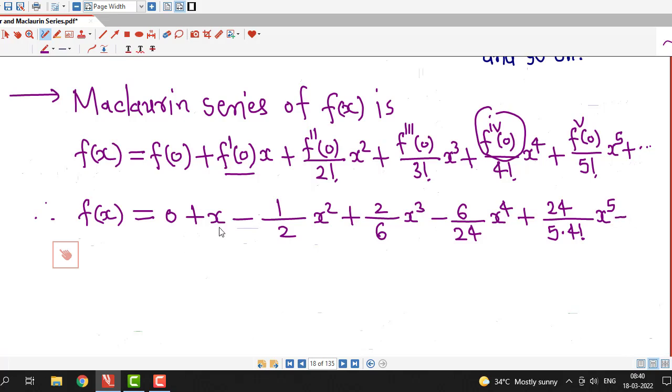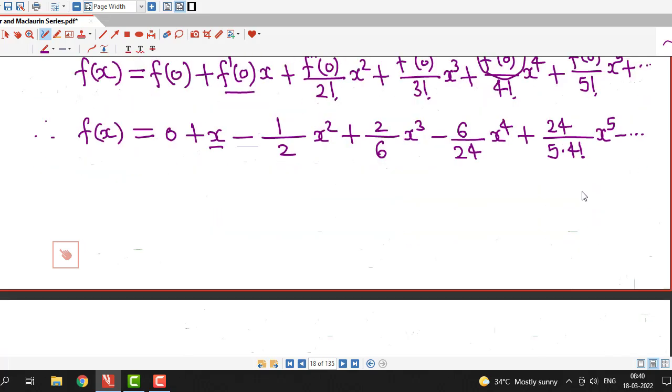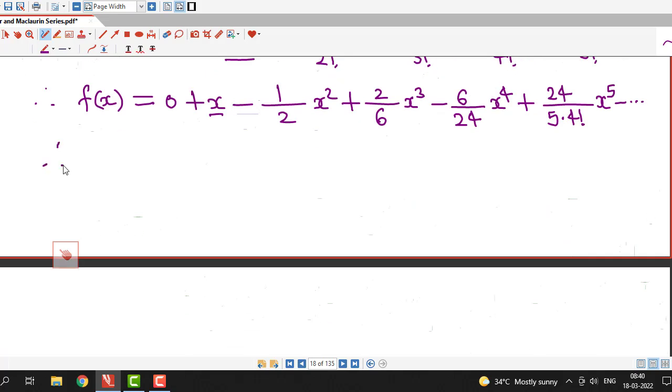So you can see the pattern here. I obtain alternately positive and negative terms, so I can imagine further terms also. Now our function is log of 1 plus x to the base e, and we simplify all these terms. This I can rewrite as minus x square by 2.